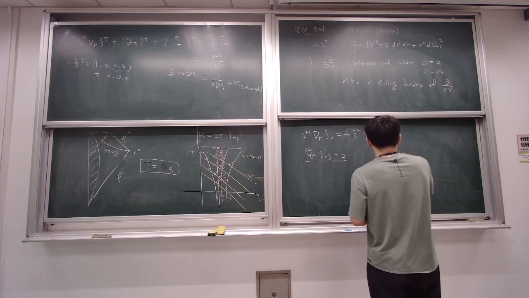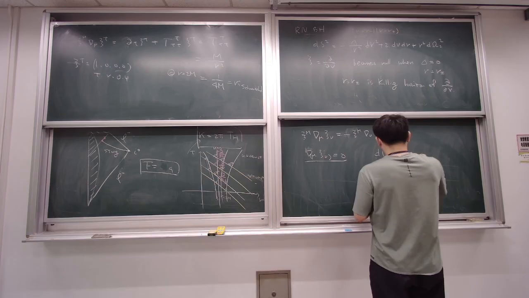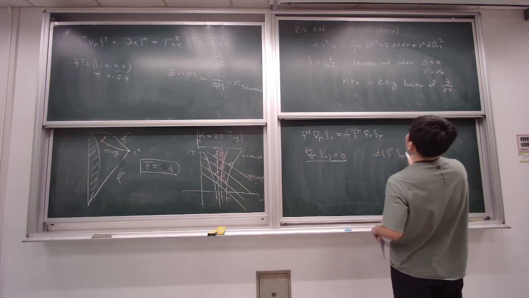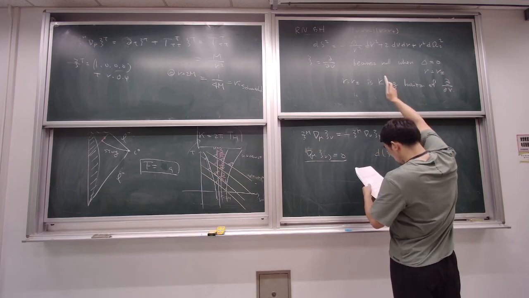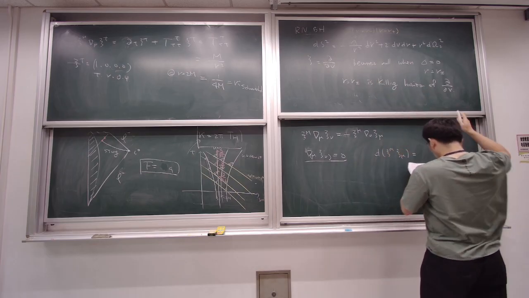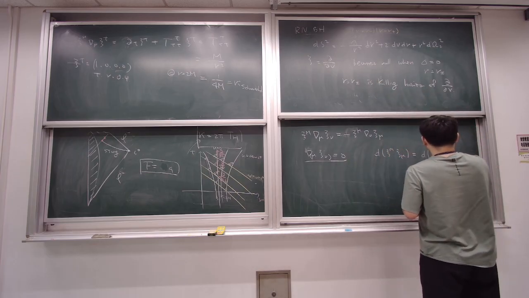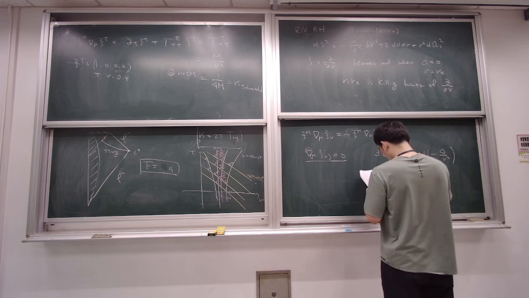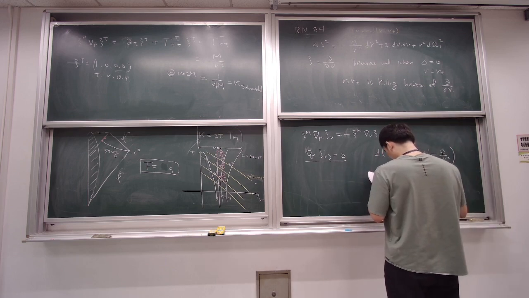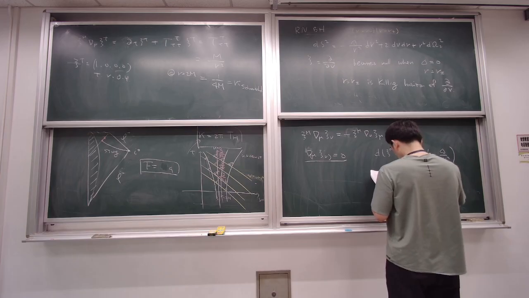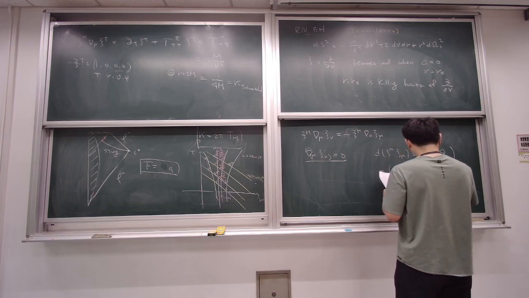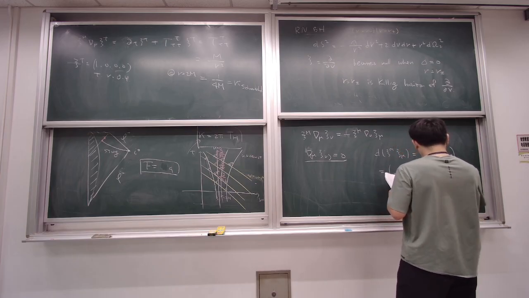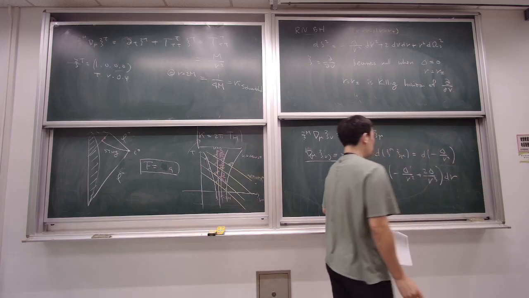So one can simply use the following factors. d of Xi mu Xi mu, the inner product, is given by d of minus delta r square, which is minus delta prime r square plus 2 delta r cubed dr. Okay, that's what we get.